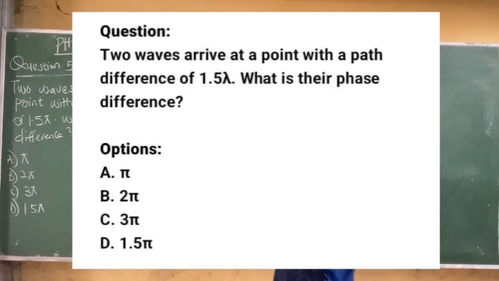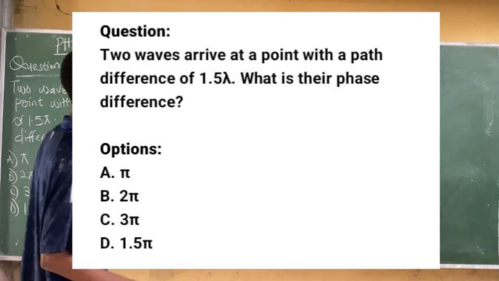Question 5 says, 2 waves arrive at a point with path difference of 1.5 lambda. What is their phase difference? Option A, pi. Option B, 2 pi. Option C, 3 pi. And option D, 1.5 pi.